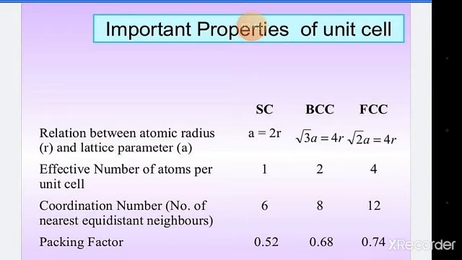In body-centered cubic, 68% is occupied by atoms while 32% is empty. In face-centered cubic, 74% is occupied and 26% is empty. Hence, simple cubic is loosely packed, body-centered cubic is more closely packed than simple cubic, and face-centered cubic is most closely packed.